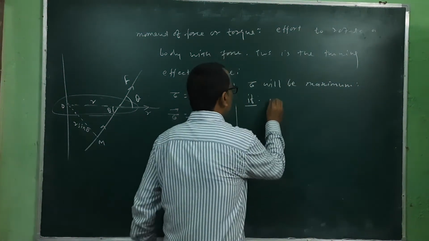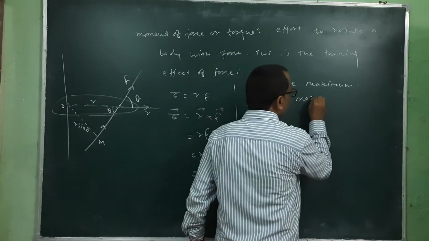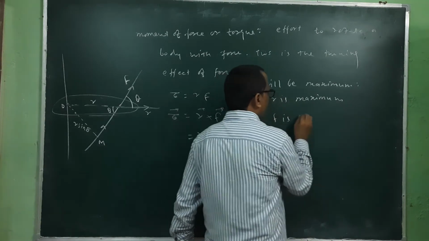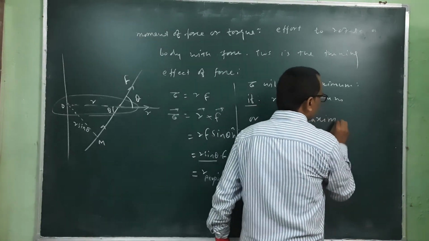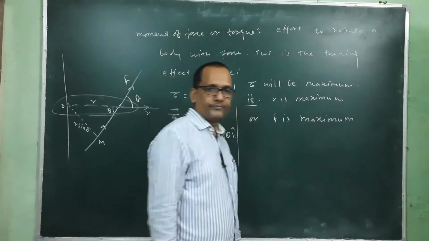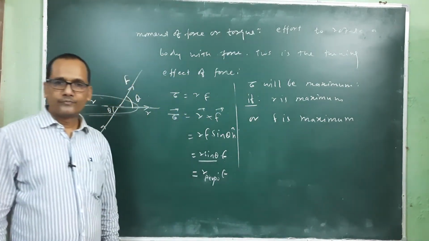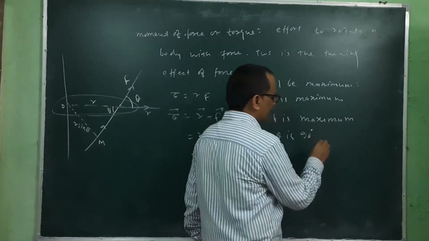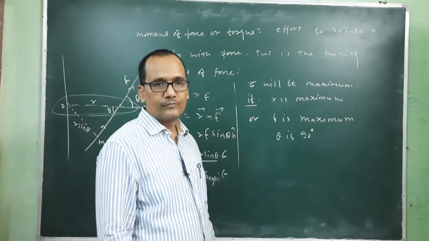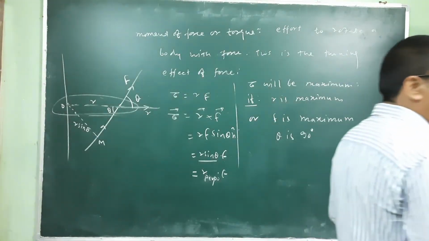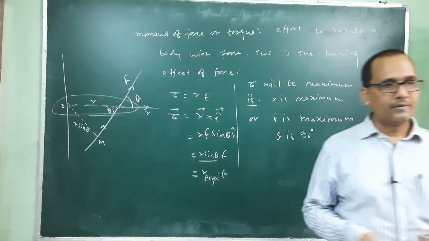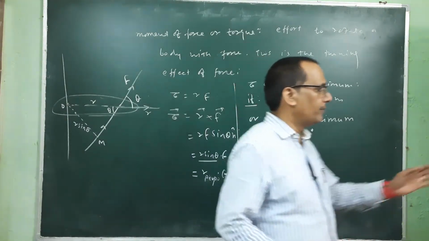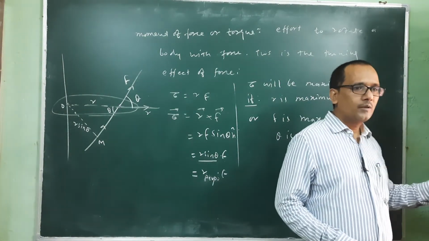So tau is maximum if r is maximum, or F is maximum, or theta is 90 degrees between force and hinge direction. So generally, when we open this door, what do we do?